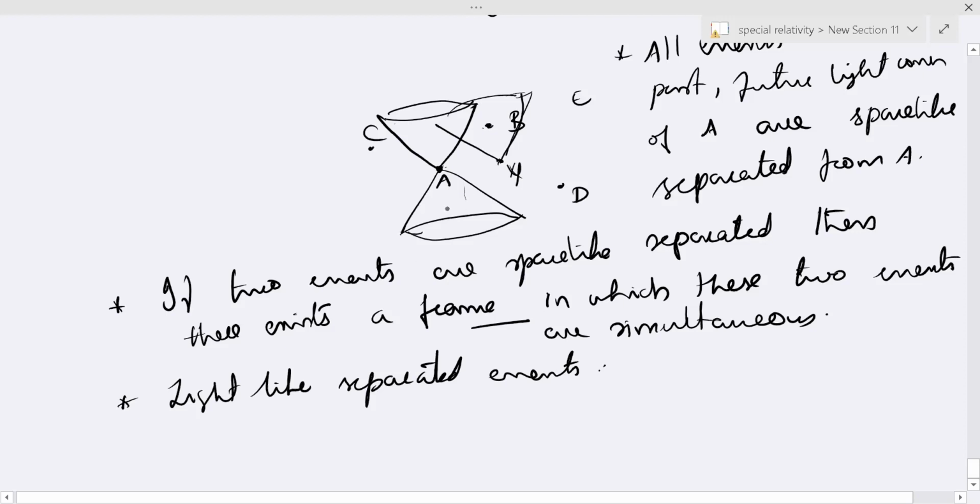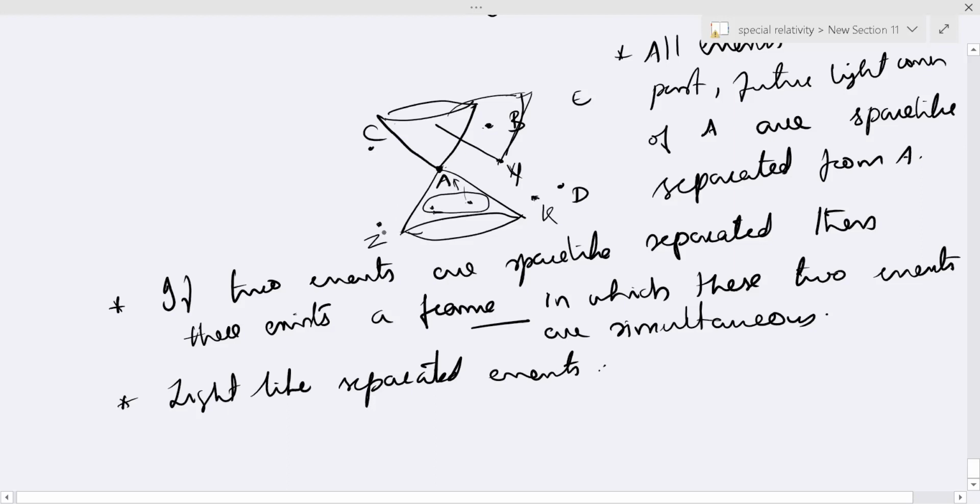Now also if you look at the past light cone of A, only these events in the past light cone of A can have influenced A, could be causally connected to A. But if there are some events outside this past light cone, I'm running out of letters here, Z, K, these events K and Z cannot have influenced A in any way.